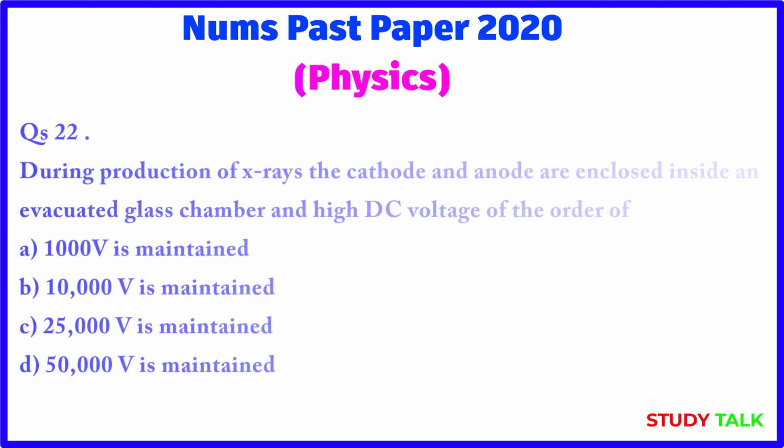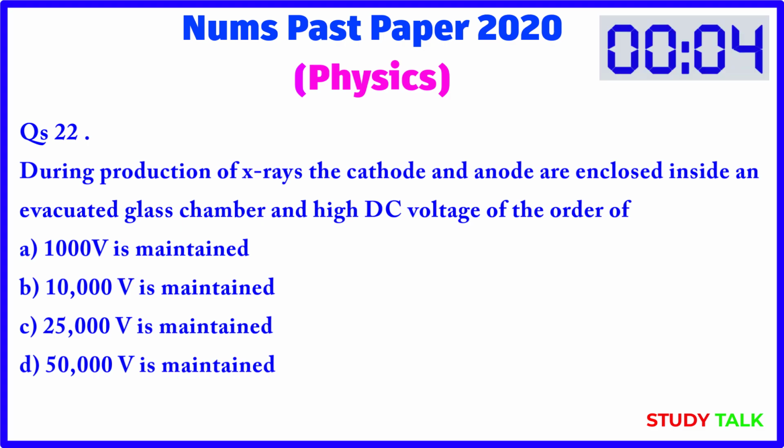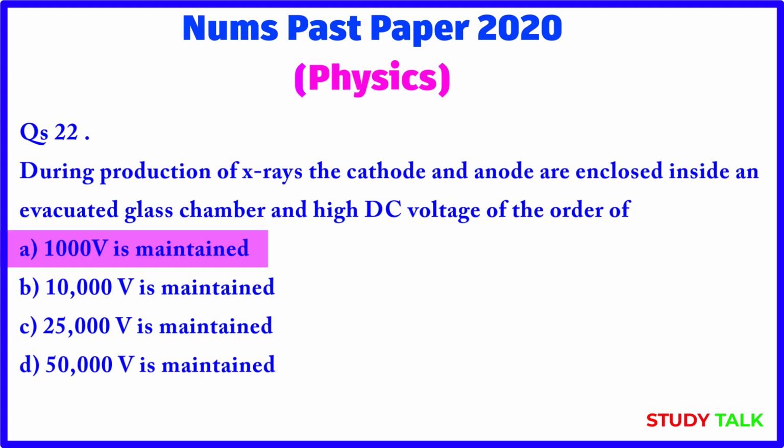During production of X-rays, the cathode and anode are closed inside an evacuated glass chamber, and high DC voltage of the order of 1000 volt is maintained.